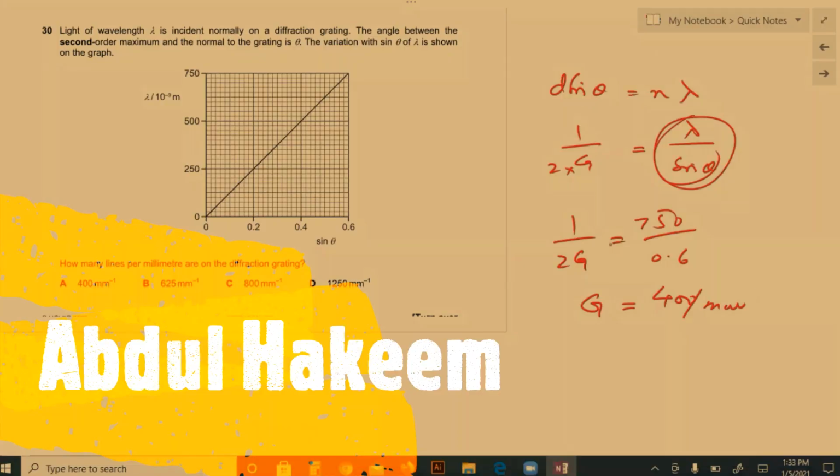You can calculate g by cross multiplying: 0.6 times 2g times 750, and then g is equal to 0.6 divided by 2 divided by 750. So you will get the answer 400. So this is the option A.